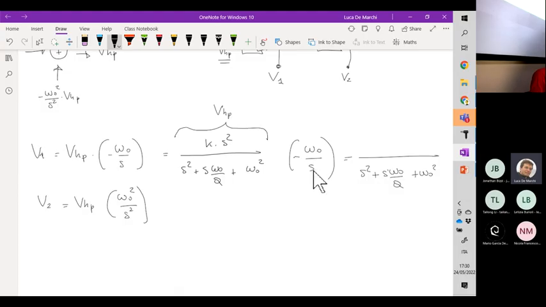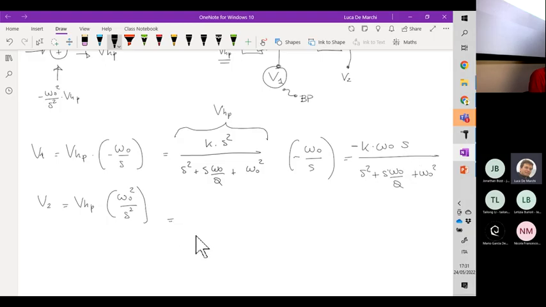And the numerator is K times omega null with the sign minus, and S² divided by S, so S. Okay? So what is interesting is that the output V1 is the output of a bandpass filter. Okay, because we have just one zero at the origin.